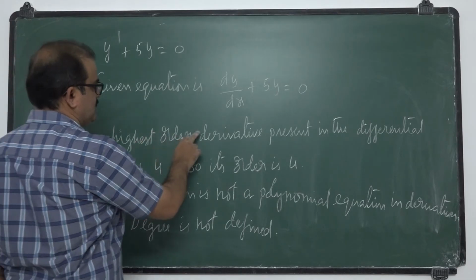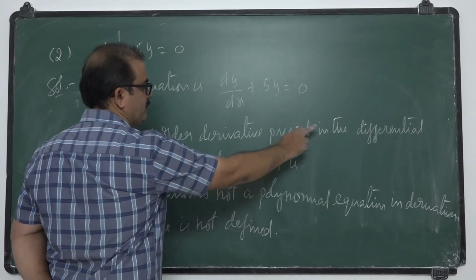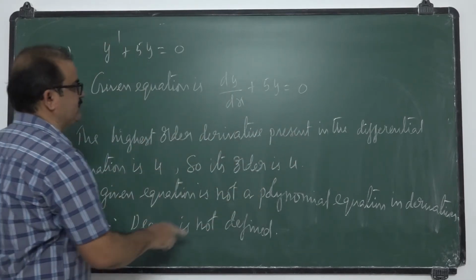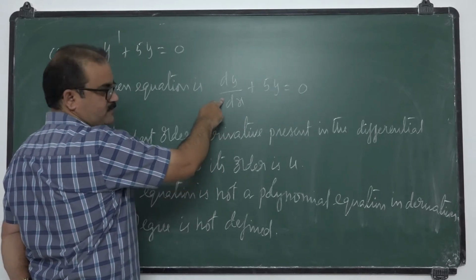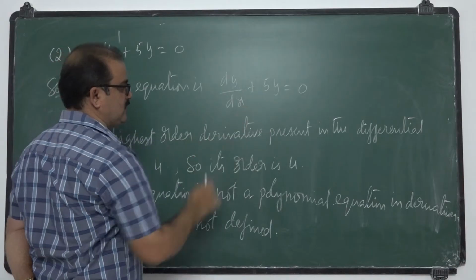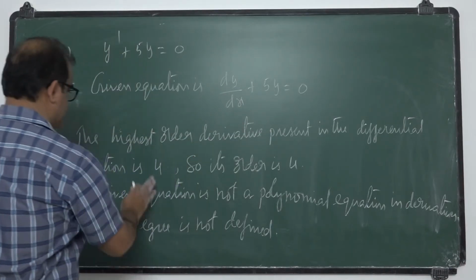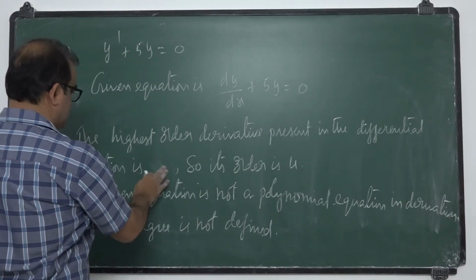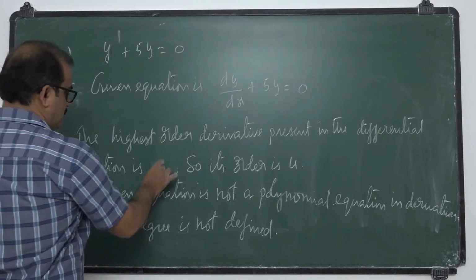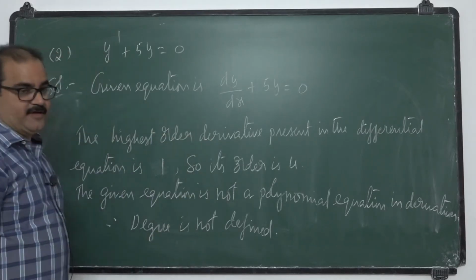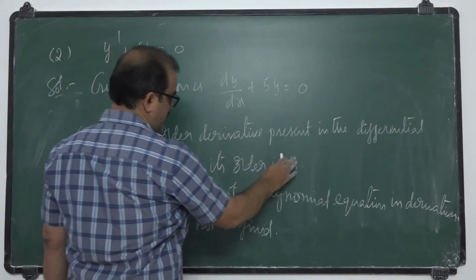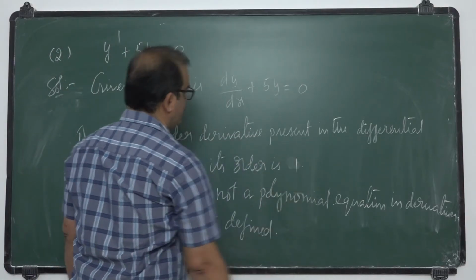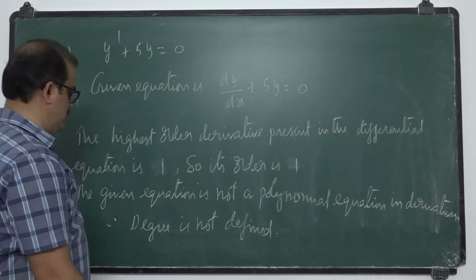What is the highest order derivative present in this differential equation? First order. It is the highest derivative in the given differential equation. What is the order of that derivative? 1. It is a first order derivative.